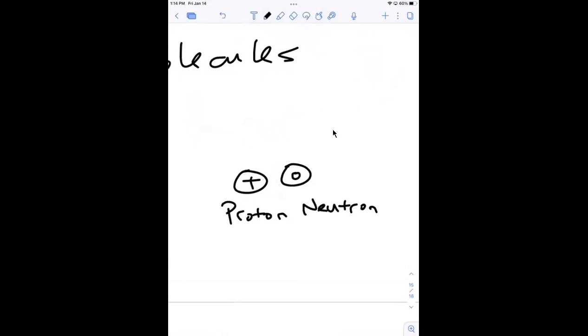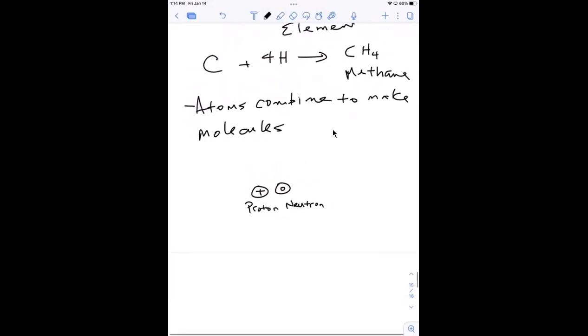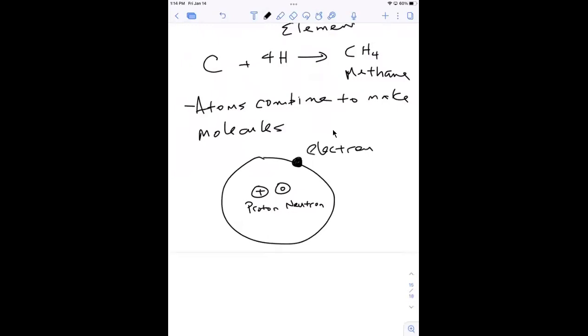And then outside the nucleus, there's another subatomic particle, and that is the electron. And this is negative. All right, let me do this.